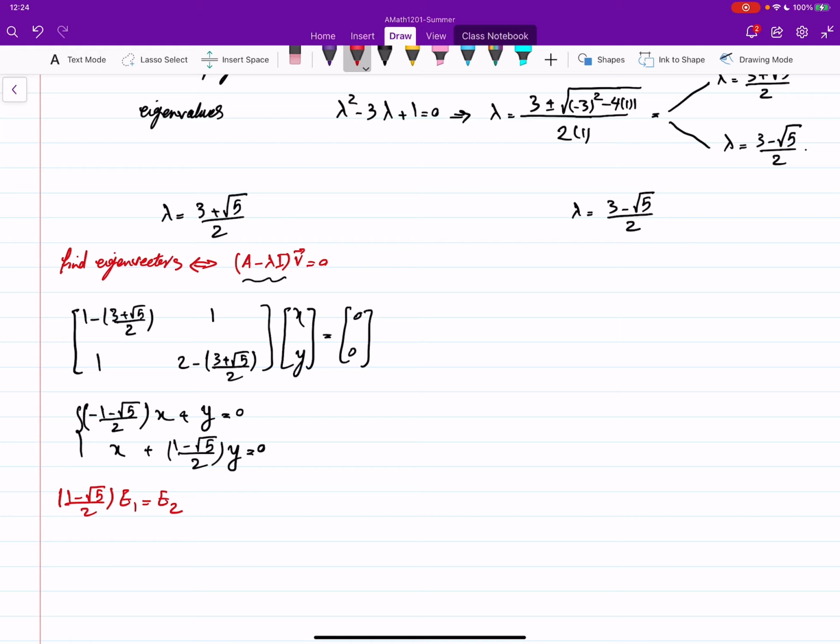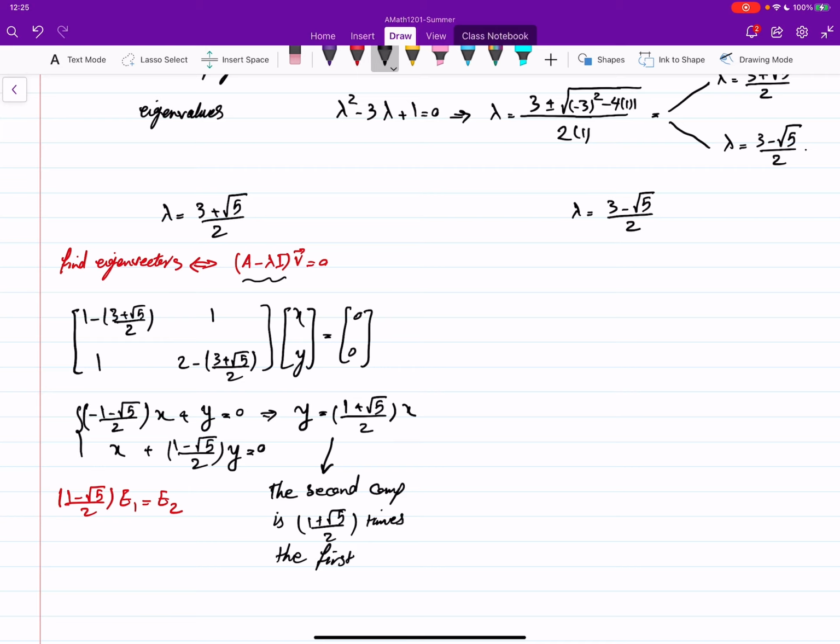So you don't need to worry about the second equation. You just solve the first equation, or find the relation between the variables x and y. This means that y is 1 plus root 5 over 2 times x. So the second component is 1 plus root 5 over 2 times the first one.